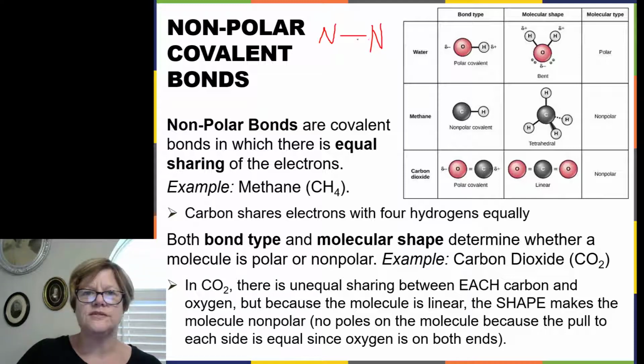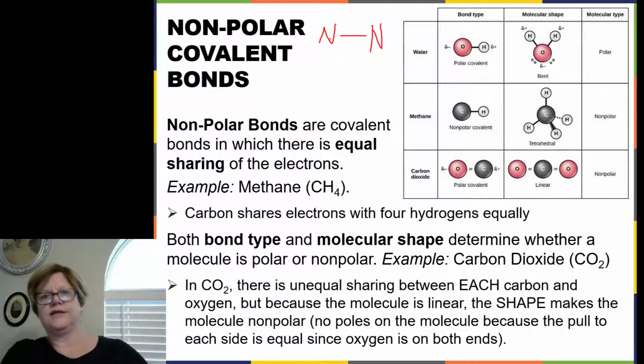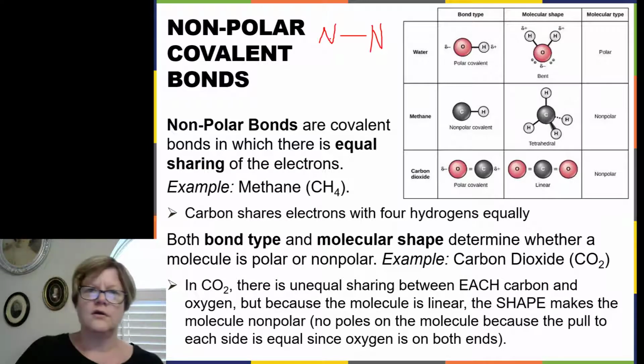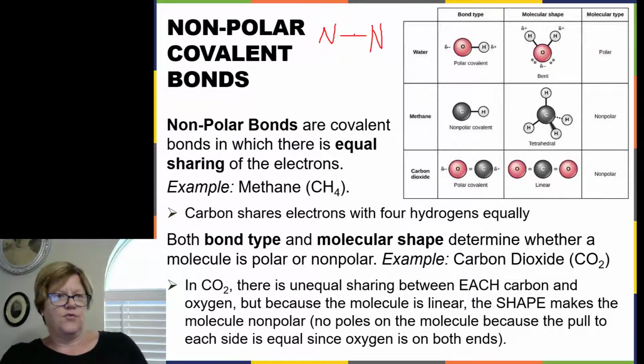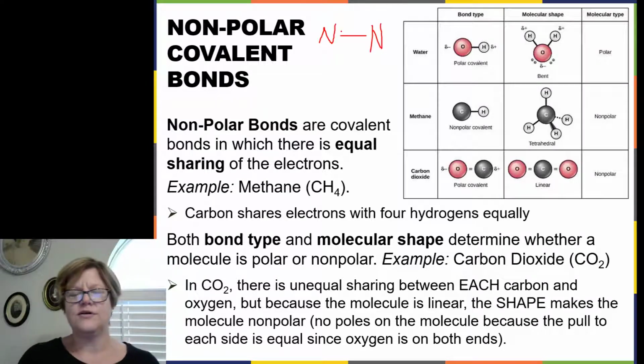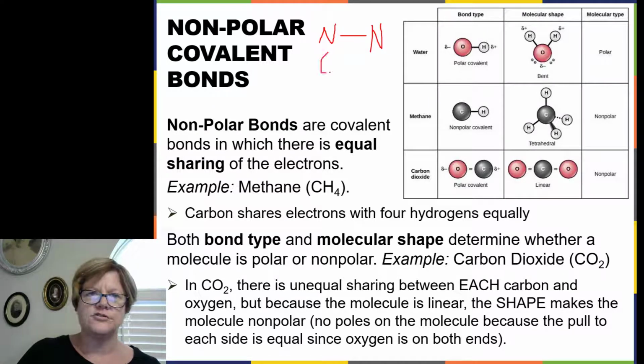If you think of each of these atoms pulling like a tug of war, and the bond is kind of like the rope, then neither one is going to win because they're the same. So that's nonpolar. If you have oxygen to oxygen, that's going to be nonpolar. If you have carbon to carbon, nonpolar. If you have hydrogen to hydrogen, nonpolar.